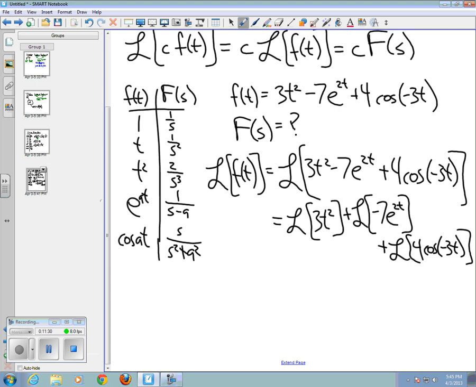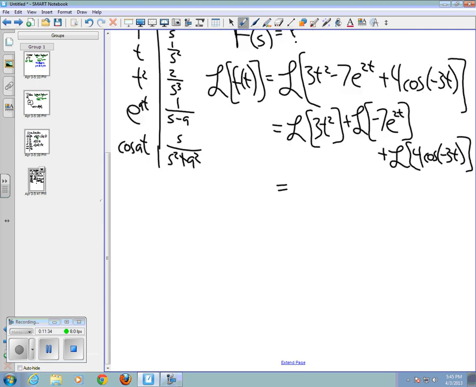And now that's one of our linearity properties. The other one is that the Laplace transform can pass across the constants. So we have 3 times the Laplace transform of t squared minus 7 times the Laplace transform of e to the 2t plus 4 times the Laplace transform of cosine negative 3t.